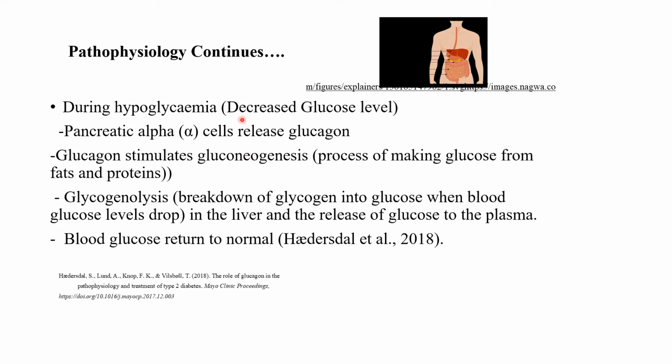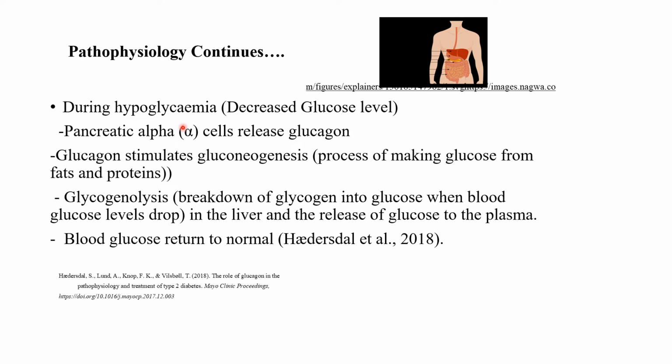Now look at the opposite, hypoglycemia, which means a low level of glucose in the blood. During this time, the brain senses the glucose is low and triggers the hunger response. So more food will be eaten and absorbed into the intestine and glucose released into the blood.